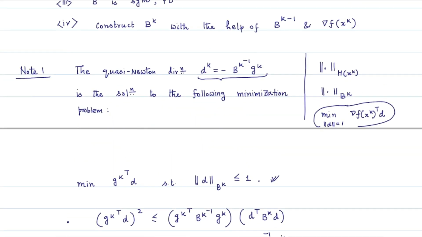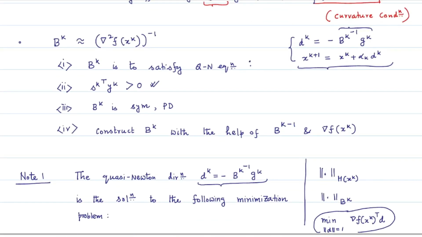Now for the next note on the quasi-Newton method, we notice that in constructing the matrix bk, we have taken a condition to be satisfied, that this curvature condition sk transpose yk has to be greater than 0. You might think that this condition might be restrictive, that for any given function sk transpose yk greater than 0 may not be satisfied.